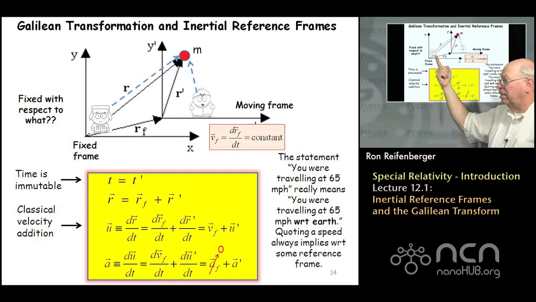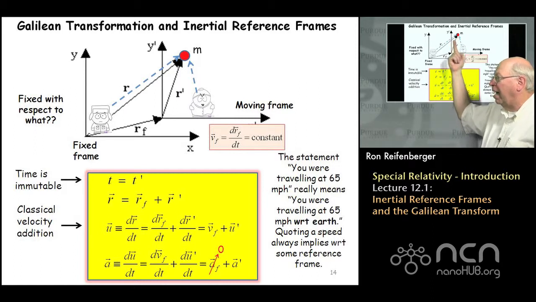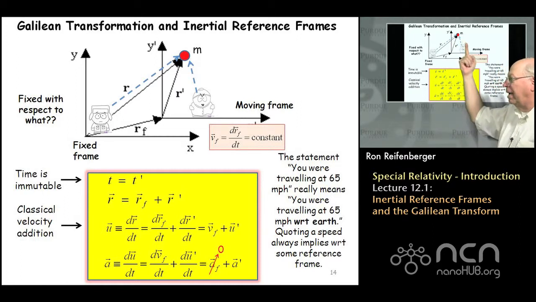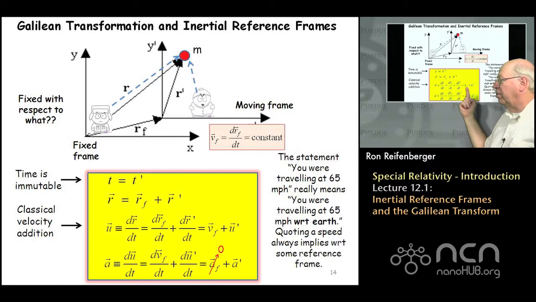That would mean that this guy is measuring this ball to have a velocity u, right? This guy in the moving reference frame would take the derivative of r prime with respect to time, and so he would measure a velocity u prime for that object. And how are u and u prime related? Well, they're related just by the way this vector r sub f changes in time.